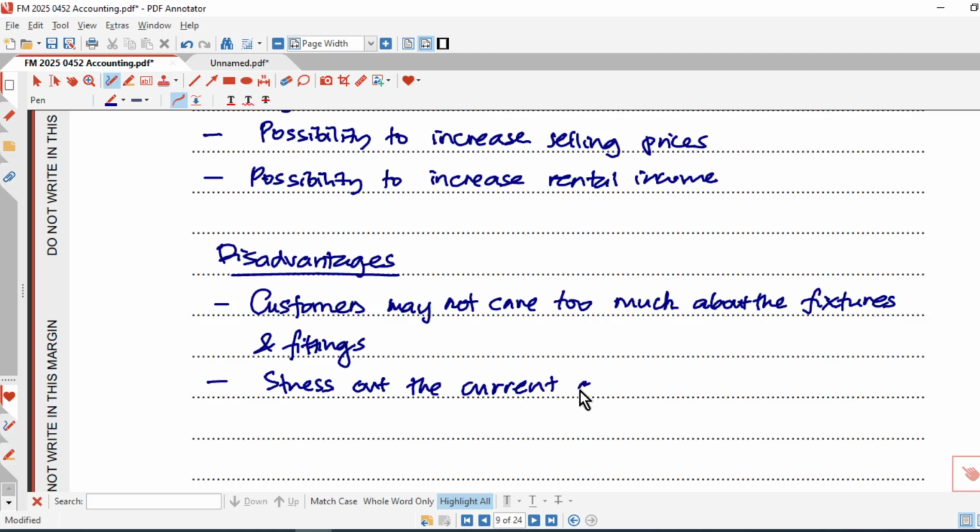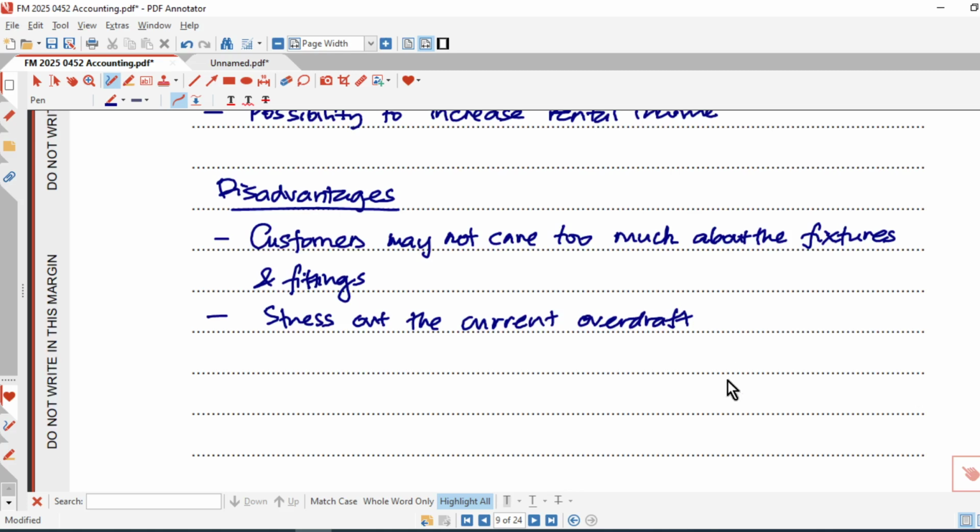So you're overdrawn by $1,000. If you're gonna continue refurbishing, your overdraft is gonna be crazy high. And that's where you gotta pay overdraft interest, right? Or probably you have to pay loan interest if you decide to borrow a loan from the bank to finance the refurbishment.